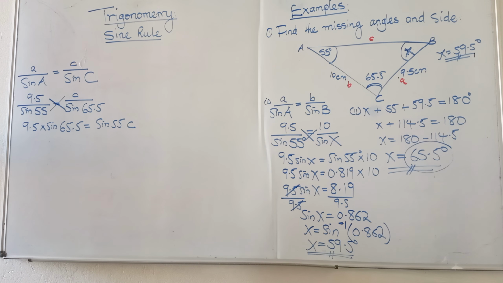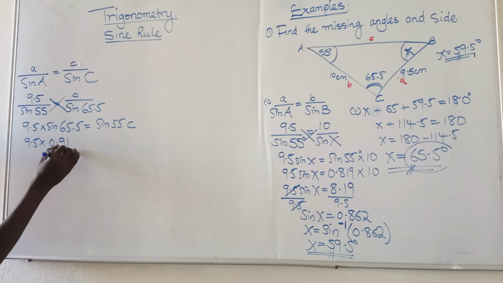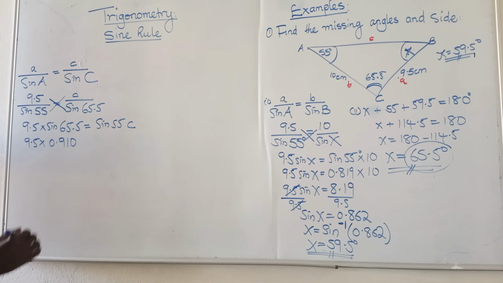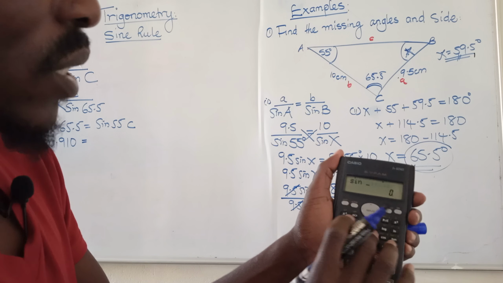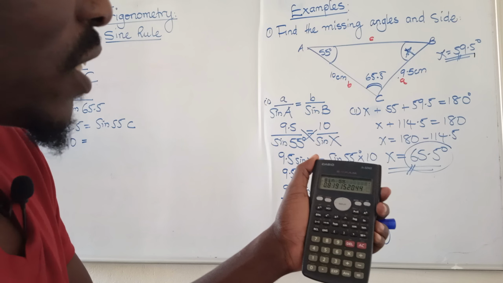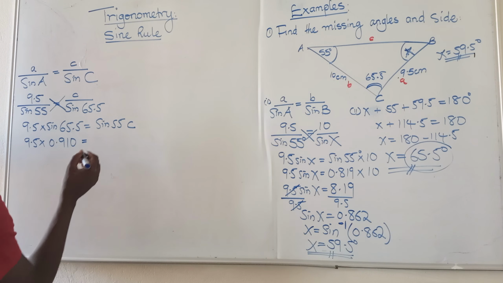This will be equal to 0.9099. When we round off, this will be 9.5 times 0.910 equal to sine 55, which is 0.819.